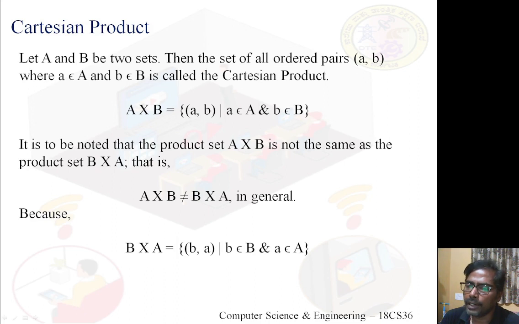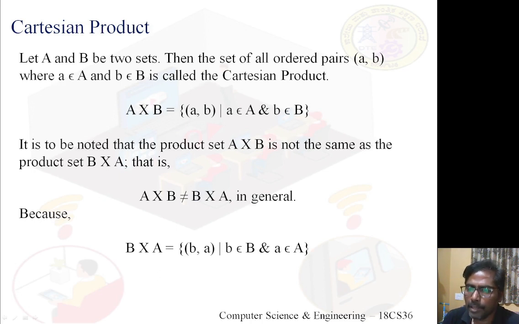But here I need to highlight that the cross product or Cartesian product on any two sets, say A and B, need not be commutative. I mean, the cross product A cross B is not equal to B cross A in general.